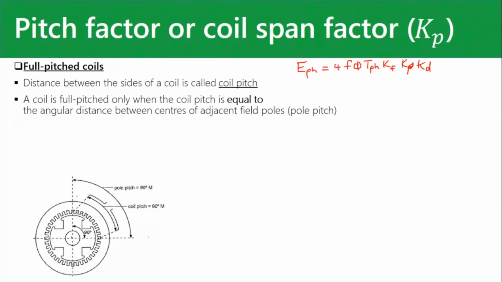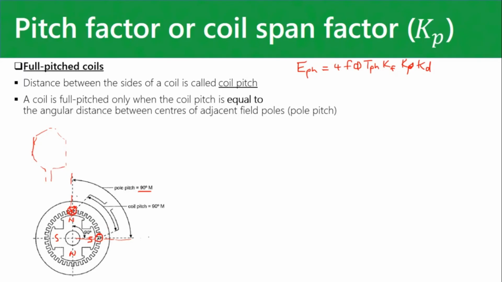If you have full pitch coils, so if you've got north and south, now the pole pitch, the angle between adjacent poles here, happens to be, in this example, 90 degrees mechanically. Now let's say that one of those coils, just take one turn like that. Let's say that we put it in that slot there, make a cross there, and it comes back.